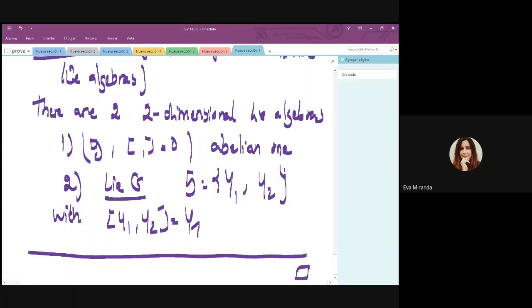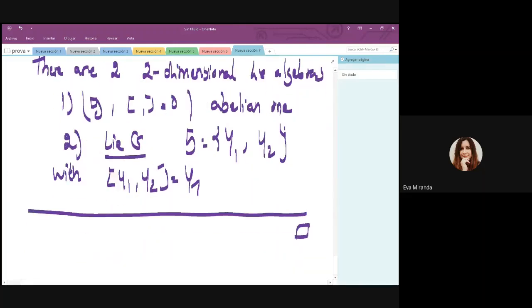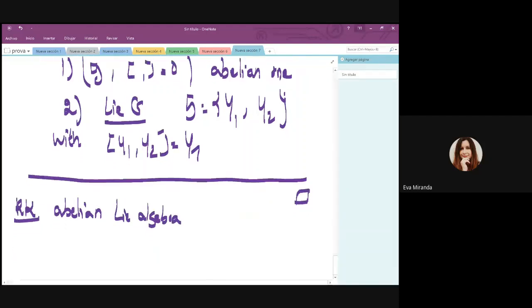Then a natural question is, what are the Lie groups? I mean, do we have more than one Lie group integrating these Lie algebras? Well, remark that in the case of the abelian Lie algebra, we have different ones. We have R2, we have S1 times R, and we also have S1 times S1.